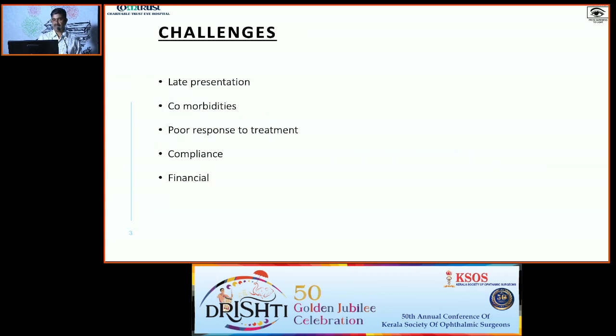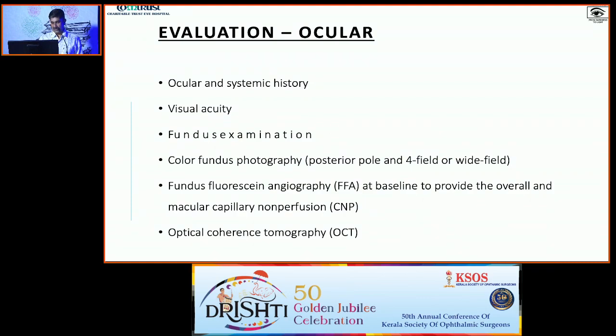The problems we face in managing DME are mainly late presentation, inadequate referrals, a lot of comorbidities in these patients, and we all know DME does not respond just like RVO or AMD to anti-VEGF injection. So the response is poor or variable. There are complaints on the part of patients because of the long-term follow-up and multiple visits that are involved, and of course financial reasons.